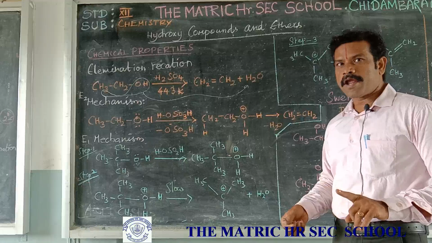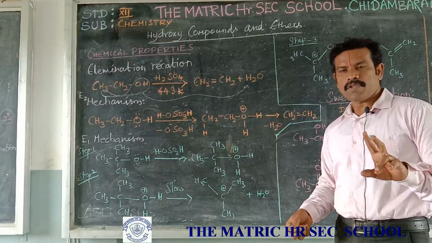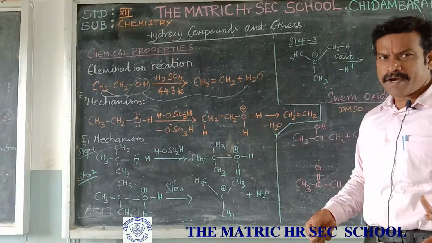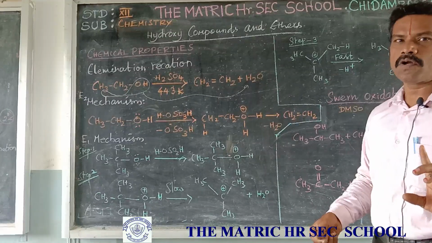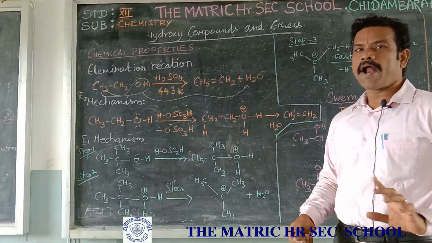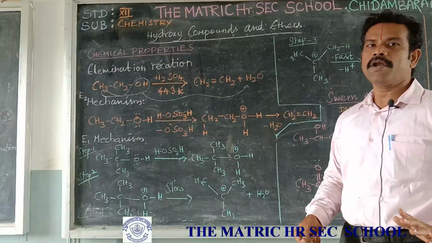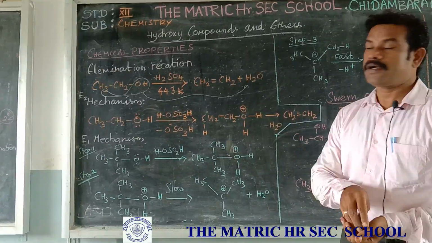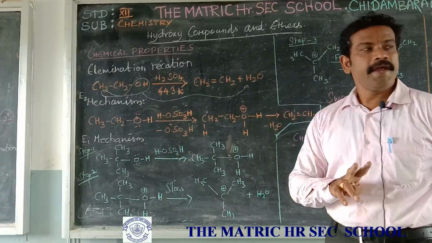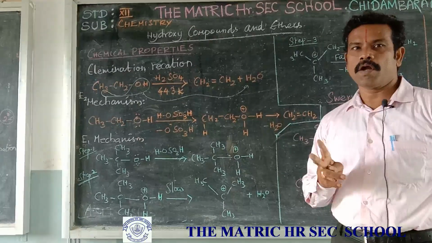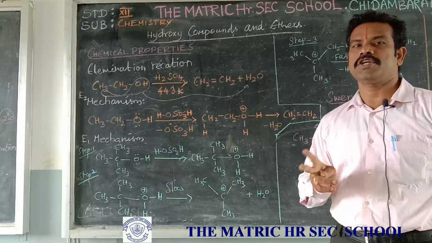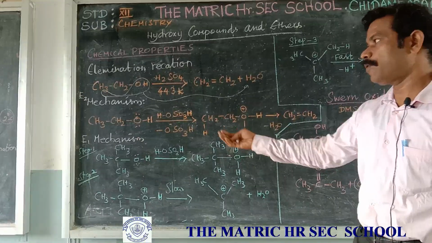In the elimination unimolecular reaction, the elimination depends on the concentration of only one compound or molecule. But the elimination bimolecular reaction depends on the concentration of two molecules or compounds. I will explain one by one.